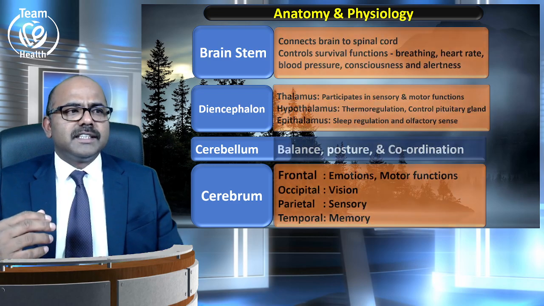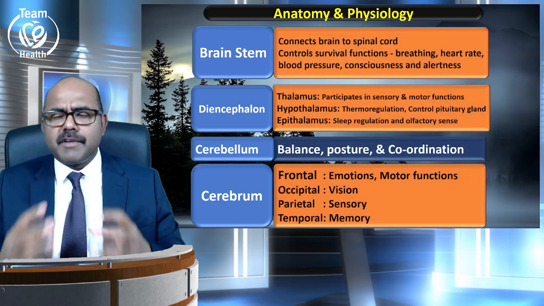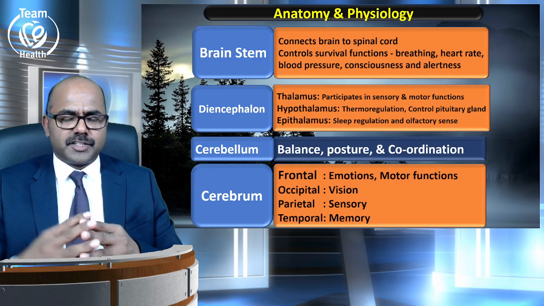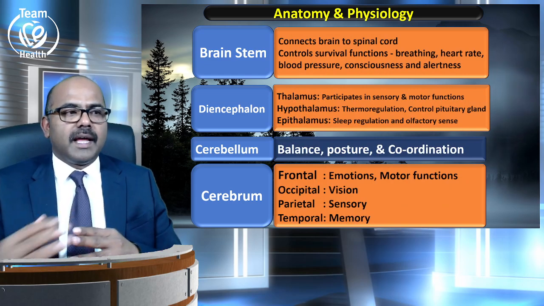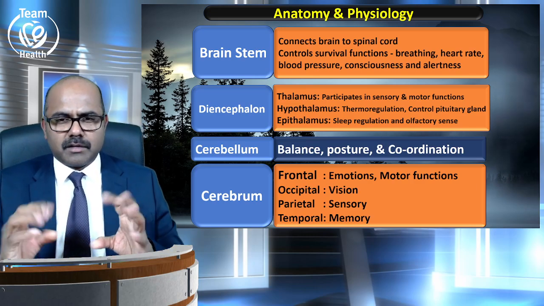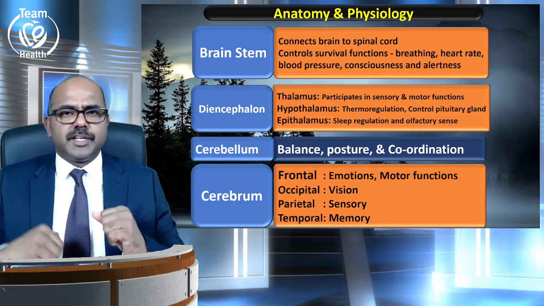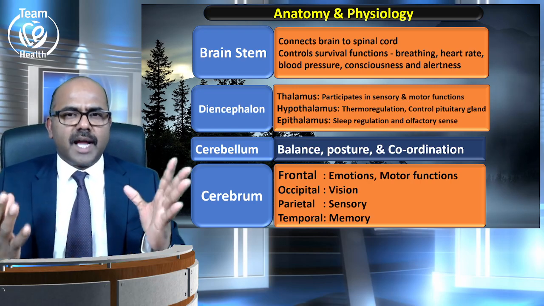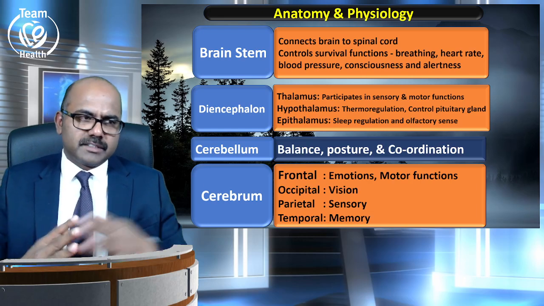Okay, the main function of the brainstem, that's your medulla, your pons, and your midbrain. Your brainstem connects the brain to the spinal cord. The connection between your higher centers and your spinal cord is the brainstem.